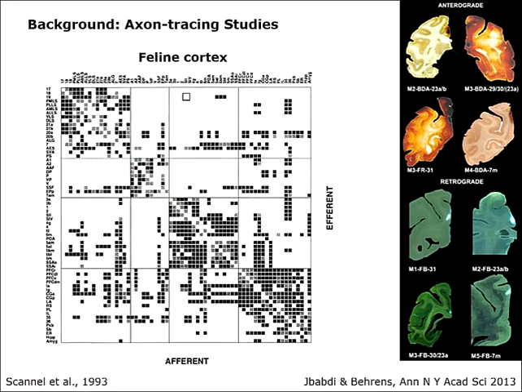And if you do this in the cat, which is shown here, we made a very important observation that is a foundational feature of the brain that actually makes brain parcellation possible, and that is the following.